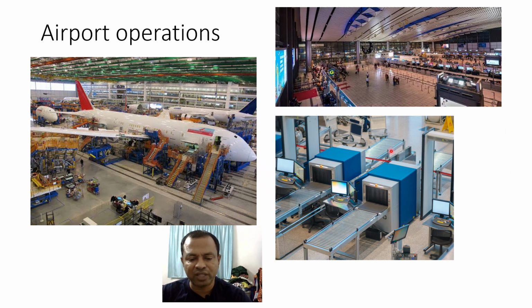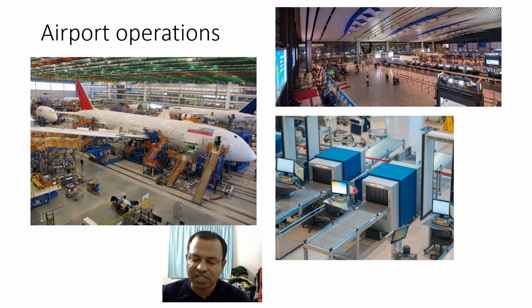All these applications like Amazon's warehouse, assembly line, airport operations, they are handling different kinds of products or doing different kinds of operations, but they are a little complicated. In all these kinds of operations industrial engineering is helpful.